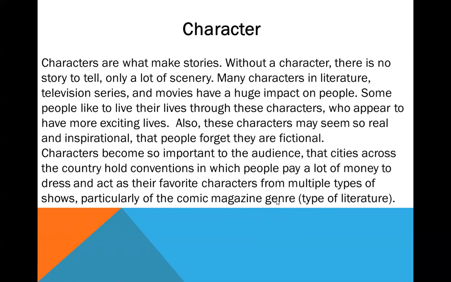So in the same way, there are many characters. It may be in the novel, it may be in the play, it may be in the movie. They influence the reader, the viewer, okay, the writer, and they always wish to be like the same character. See, also, these characters may seem so real and inspirational that people forget that they are fictional. Okay, see the character of Bahubali, the character of Katappa.